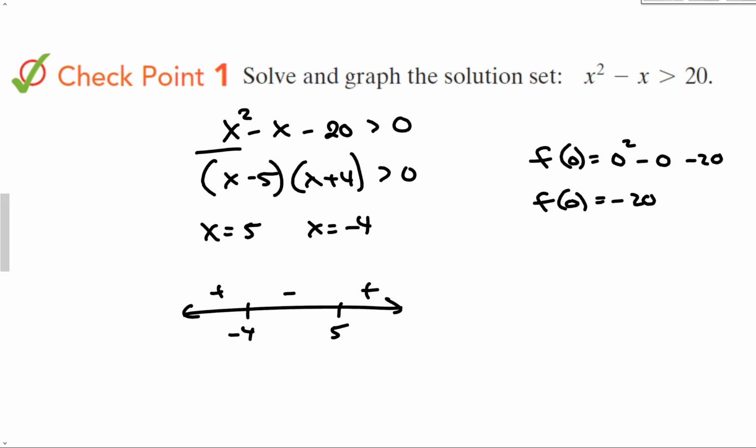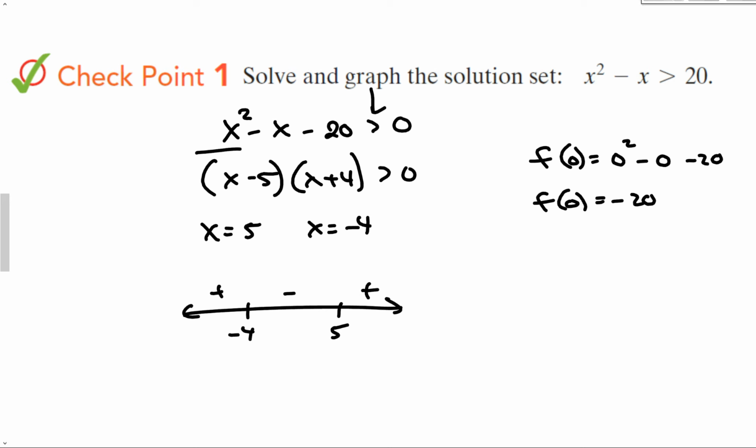Okay, and if you don't like the method of using the end behavior, you could of course plug in negative 5 and plug in something like positive 6 into your function right here and see whether it is positive or negative. So for my answer, I have to see what I actually want.